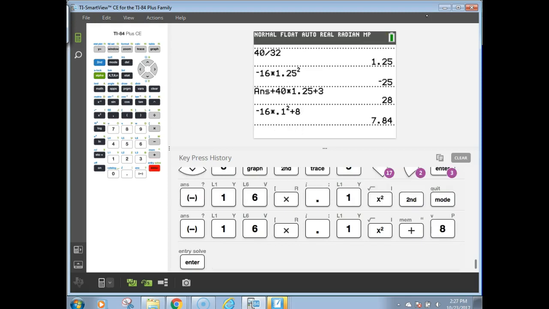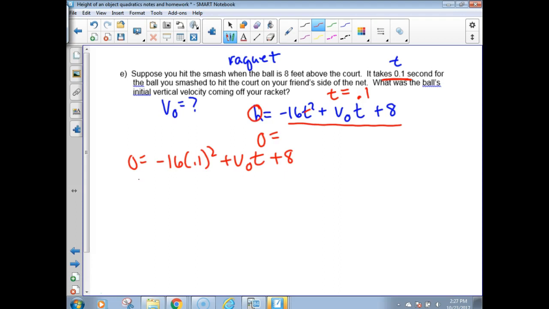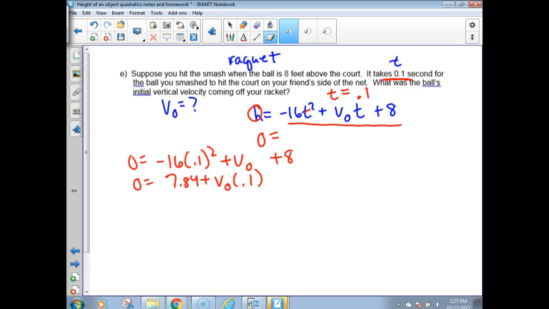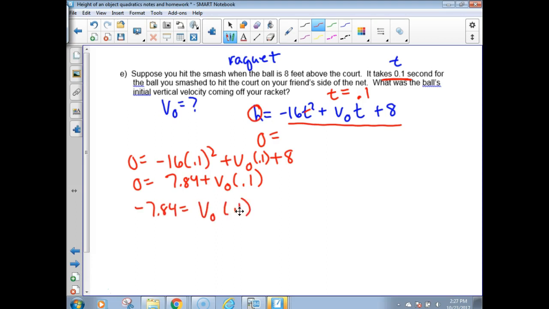And I got 7.84. And I forgot to put in 0.1 where the t is in the second piece. This should have been 0.1 right here. Okay, so really, I just need to subtract 7.84. And that's 0.1, which is a tenth, multiplied by 10. Should be negative 78.4 is your initial velocity.